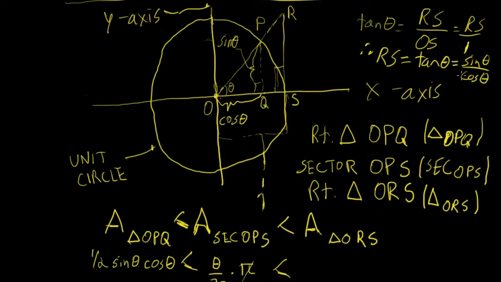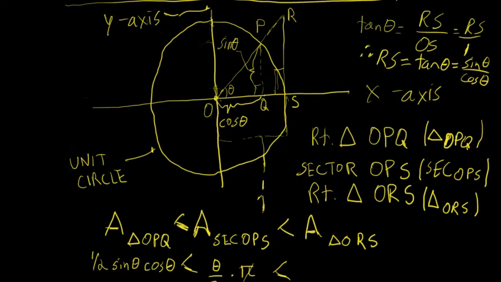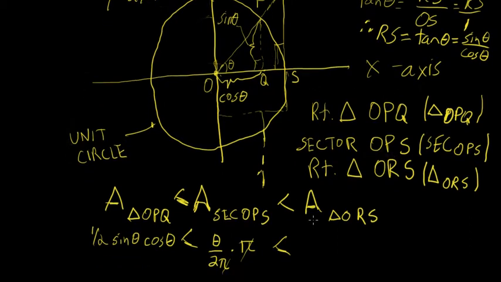So we get 1/2 sine theta over cosine theta is the area of triangle ORS. So underneath this, I'm just going to write 1/2 times sine theta over cosine of theta.